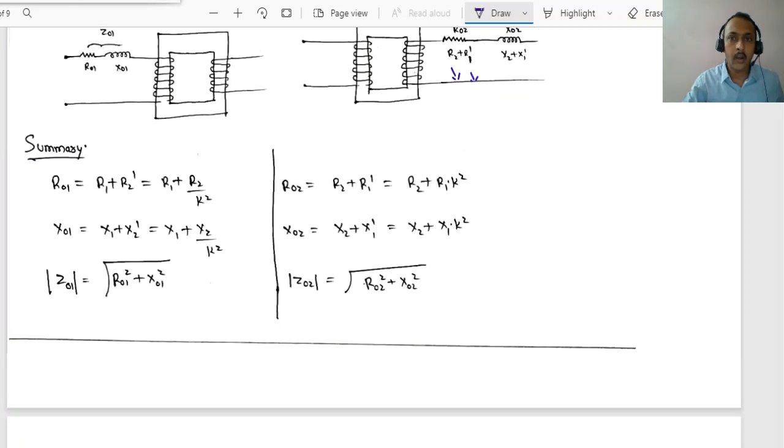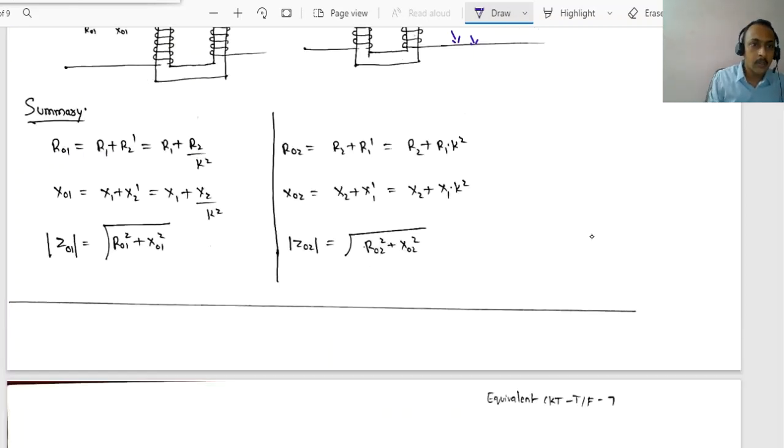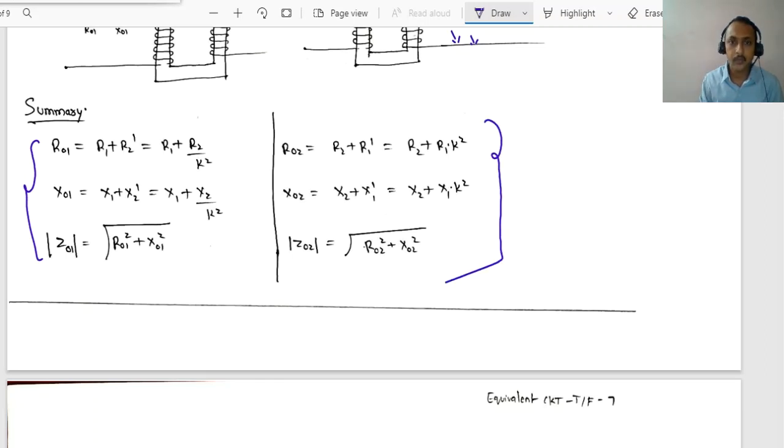So this entire half an hour discussion is brought into a simple summary like this for these three. This concept is completed. This entire half an hour discussion is, in the end, for these formulas.